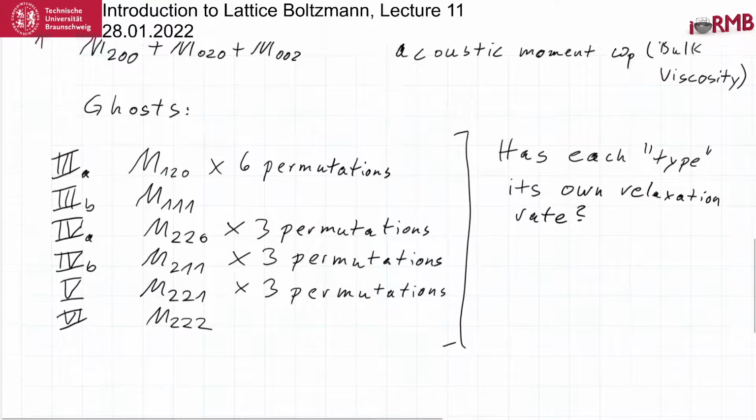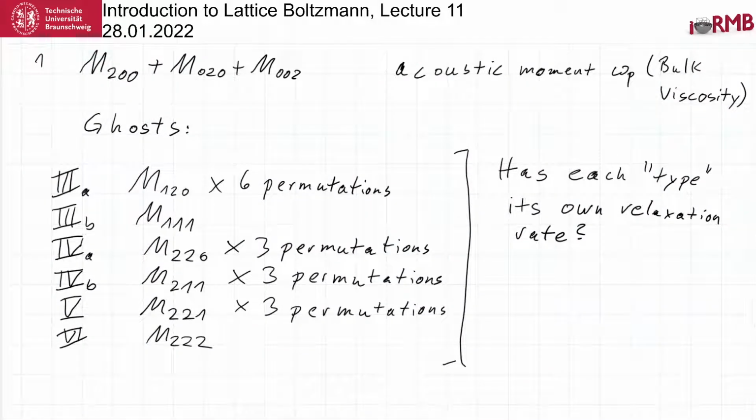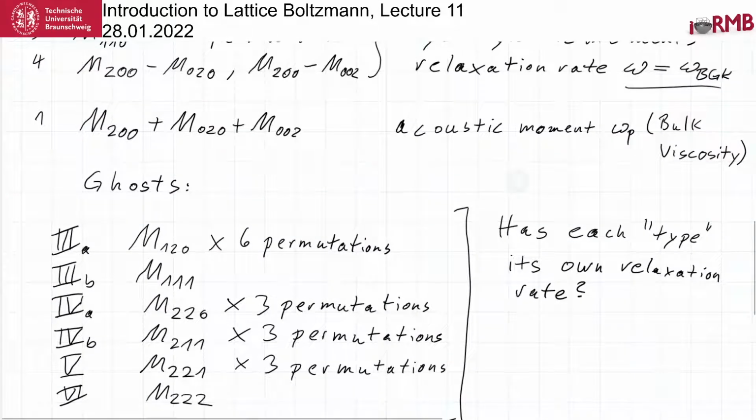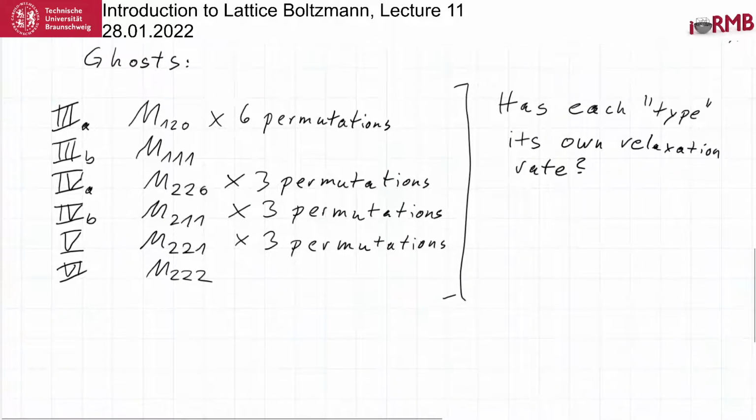So there is one thing that we observed, or that at least we said without explaining it in too much detail, namely that the second order moments can be split into hydrodynamic moments and into this one acoustic moment, even though the moments M200 are all of one type.